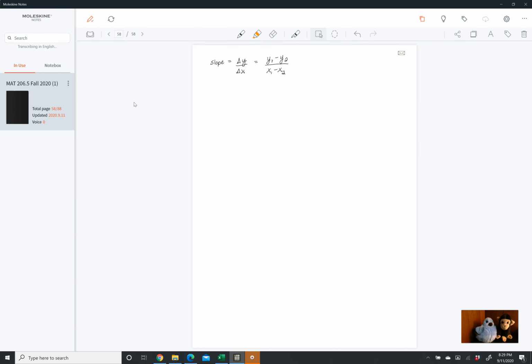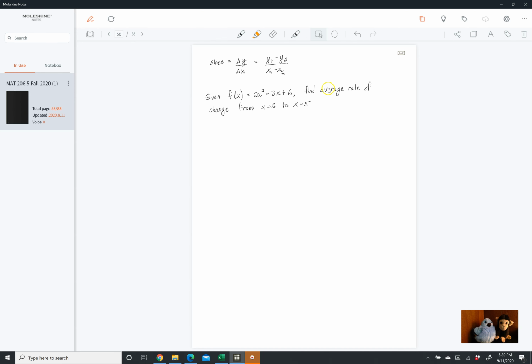So let's just take an example, okay? Let's say that you're given f of x equals 2x squared minus 3x plus 6. And we want to find the average rate of change from x equals 2 to x equals 5.